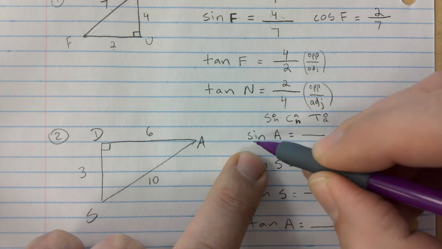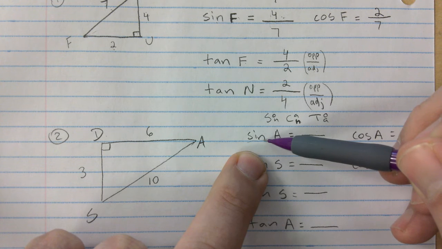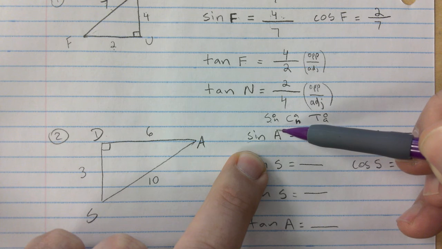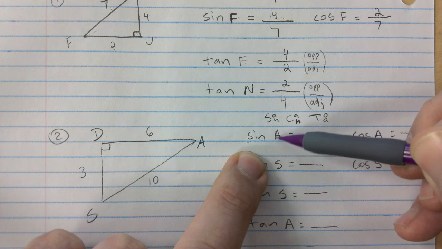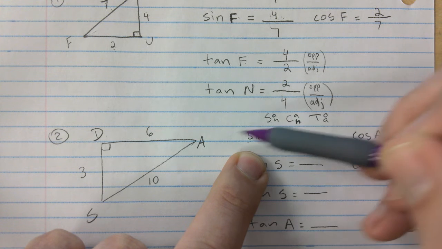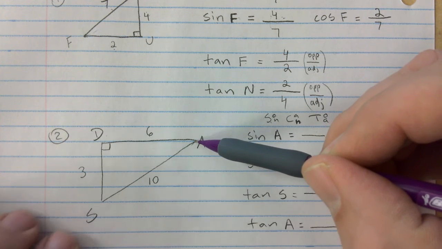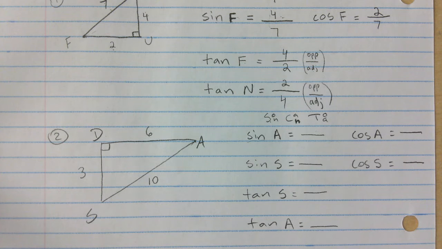Okay, sine of A, right? So first of all, you basically read it from left to right. Sine, that means that we're with this guy. And we know it's opposite over hypotenuse. But you first need to travel over to your triangle and position yourself on that angle, and then label. I don't want you to write it in there because otherwise it's going to be full of labels and it will confuse you, right?